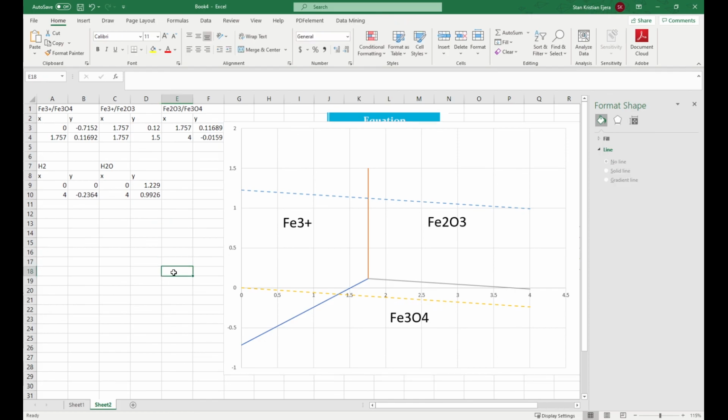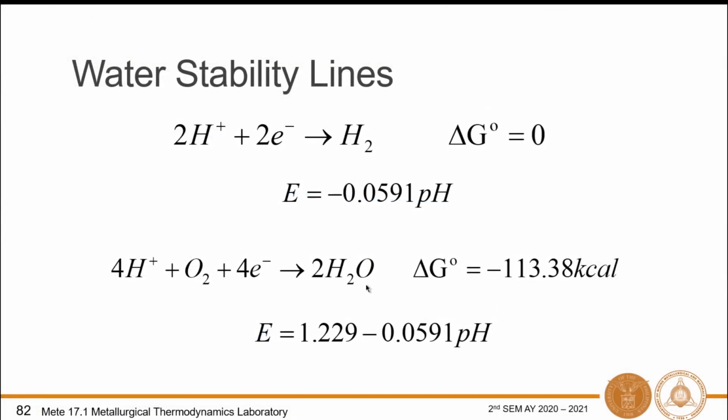Okay, so that's the Pourbaix diagram of 3 species, Fe3+, Fe2O3, Fe3O4 at ionic concentration of 1 times 10 to the negative 6. Tapos yung temperature is at 298 Kelvin or 25 degrees Celsius. Tapos I've also shown the water stability lines now. Okay? Now, you can do this on your own, no?